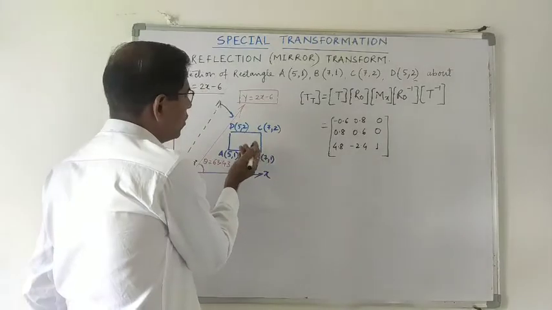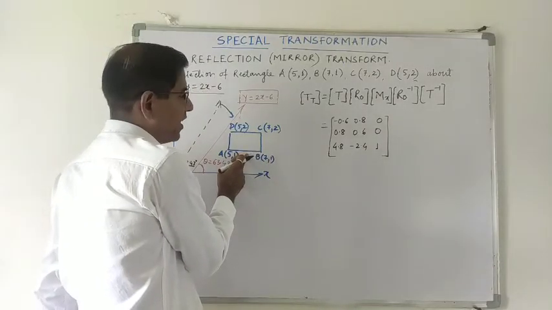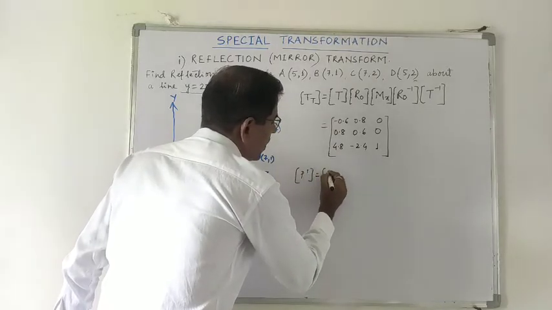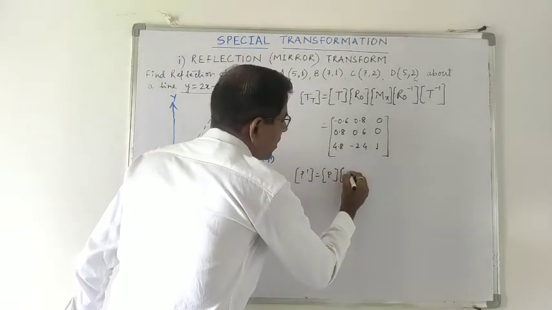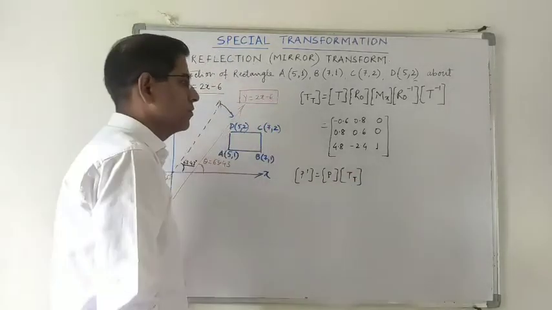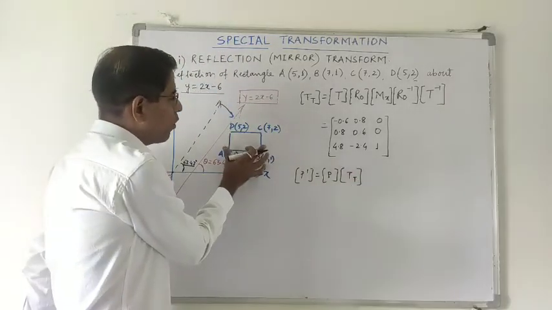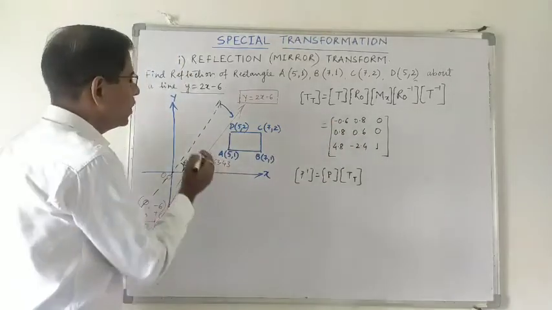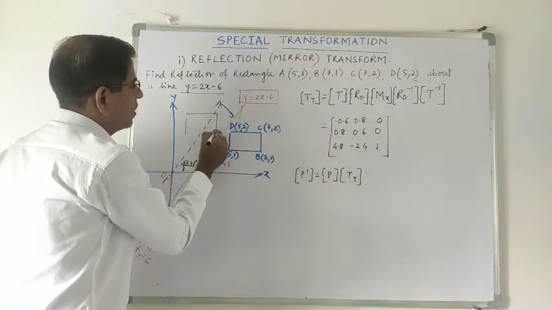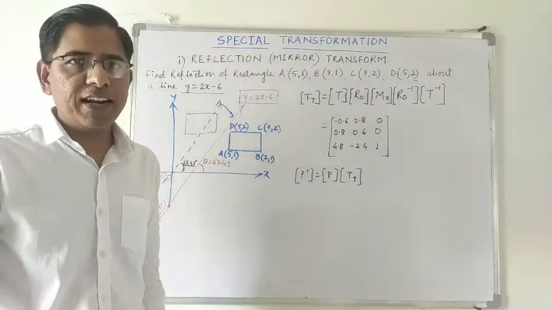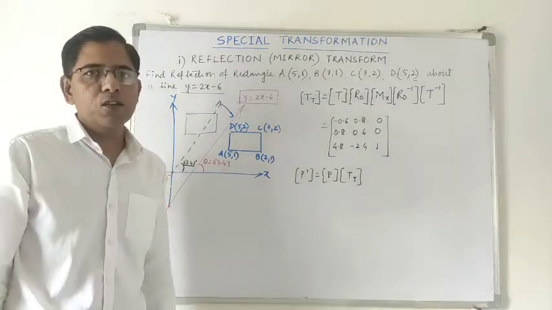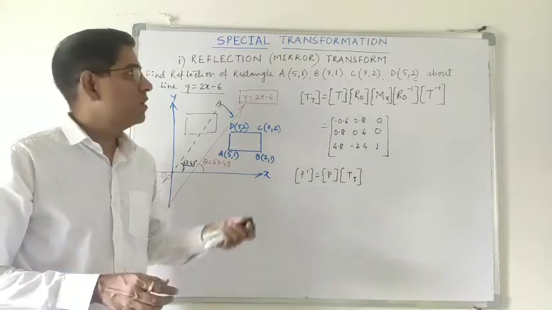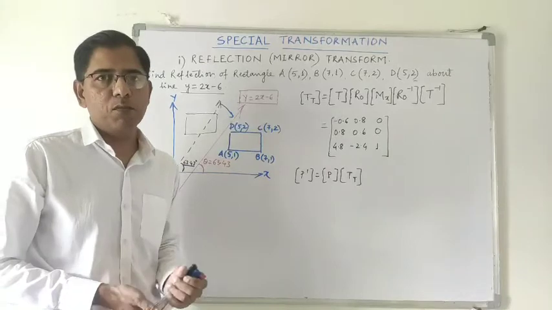And then you can find out the coordinates of the reflected rectangle by multiplying the original coordinates with the total transformation matrix. So multiply the coordinates of the original rectangle with this total transformation matrix, and you will get the coordinates of the reflected rectangle. Okay, so I hope you understand the reflection about y equal to 2x minus 6 problem.